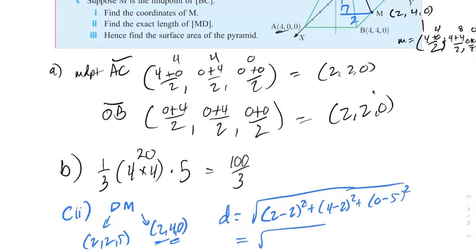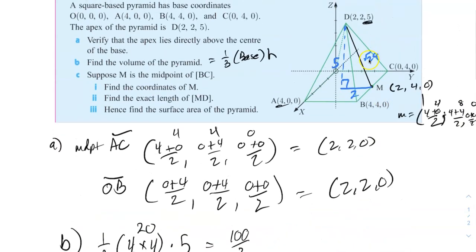And I get, well, that's 0 squared, and this is 2 squared, and that's 5 squared. So I get 4 plus 25, which is radical 29. So I get the same answer either way.